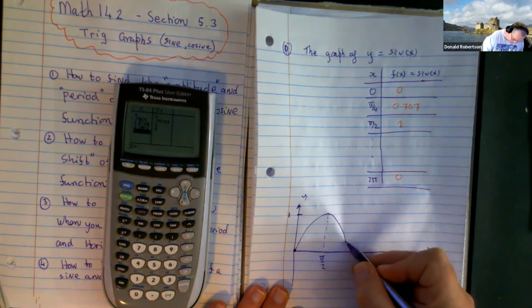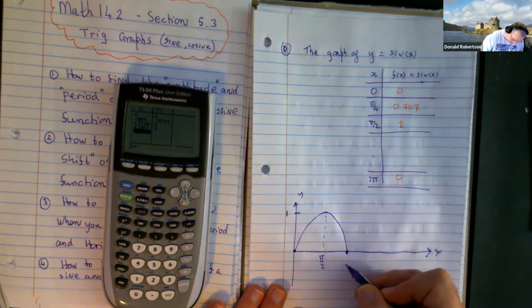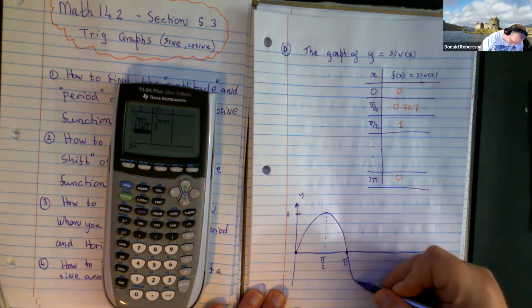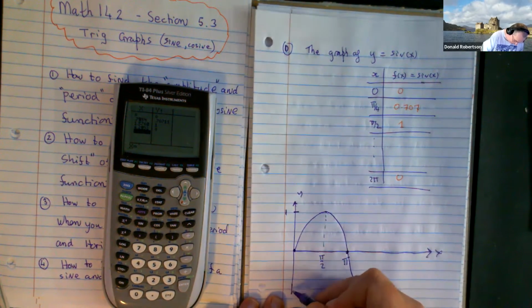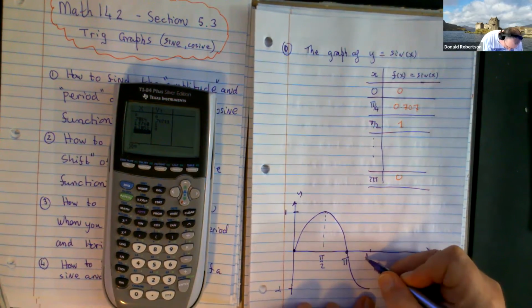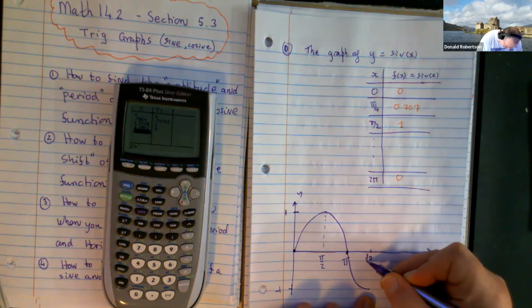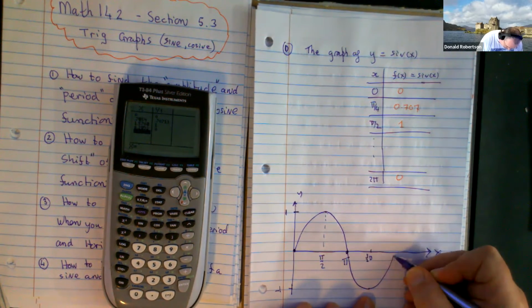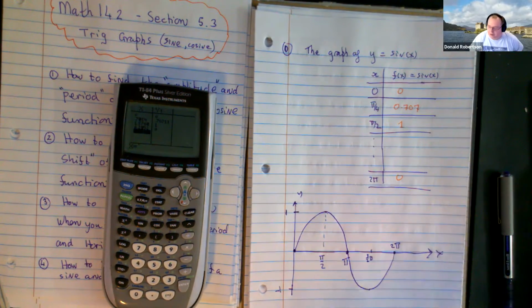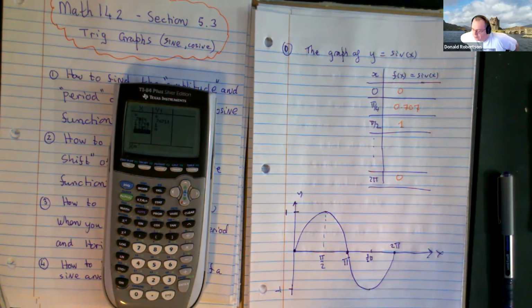And then it curves down, hits 0 again, and that happens when the angle is pi. And then it curves down till it gets to its lowest value, which is -1, and that happens at 1.5 pi. And then it curves back up, and it gets to there again. Does that look familiar? If you've ever seen a sine curve, does that look familiar?